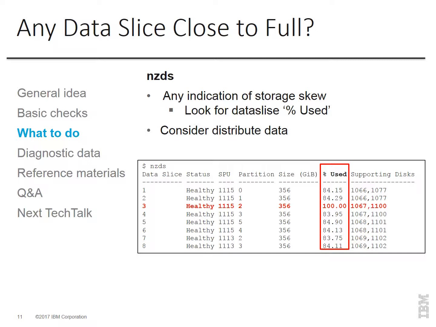Therefore, a distribution method that distributes data evenly across all data slices is the single most important factor that can influence overall performance. Here, the nz ds command shows how much storage space is used by each data slice. Data slice 3 shows it is fuller or overused compared to other slices, which indicates a storage skew on that data slice. You need to consider distributing data evenly across all data slices.